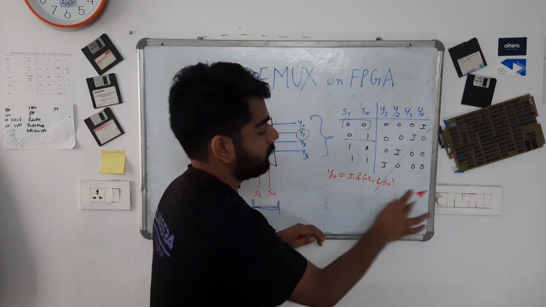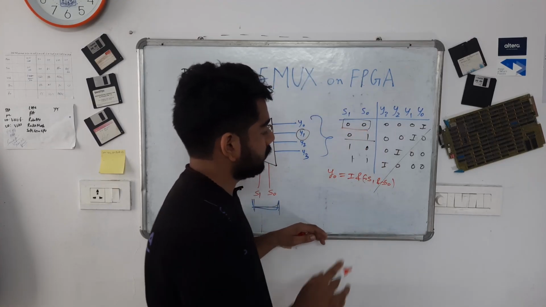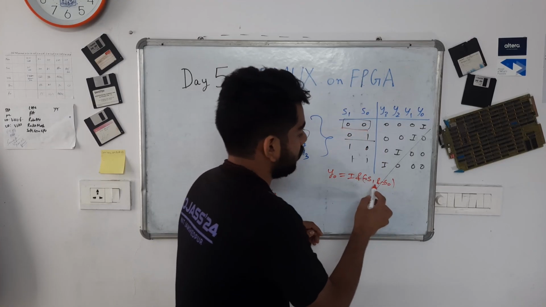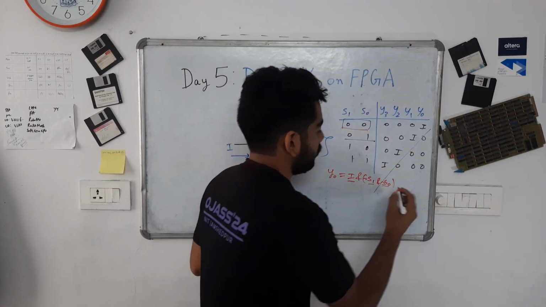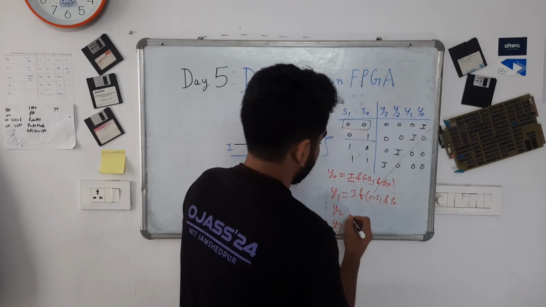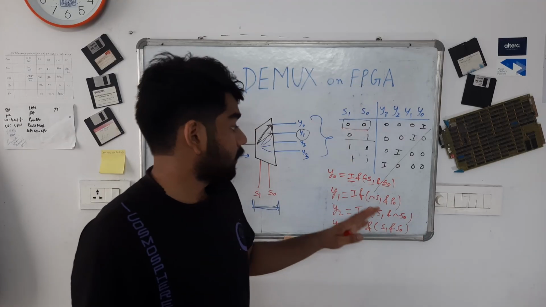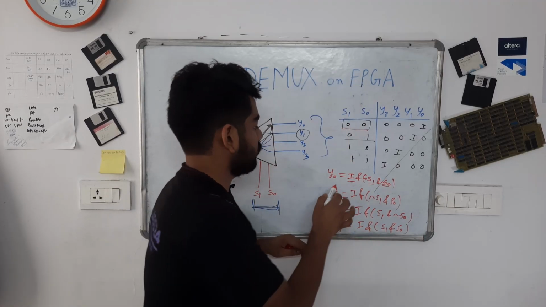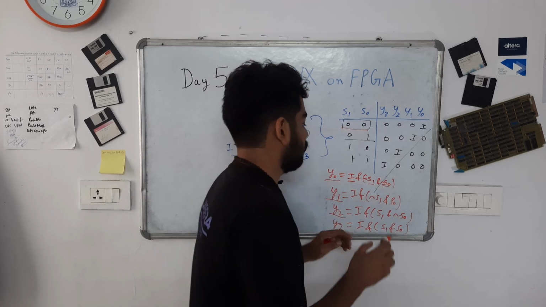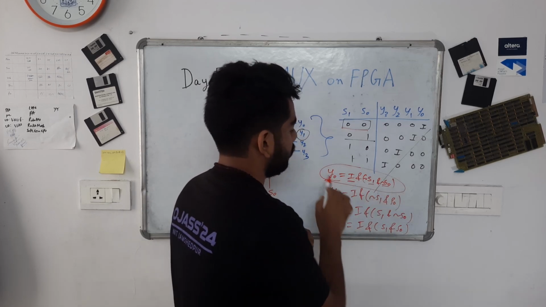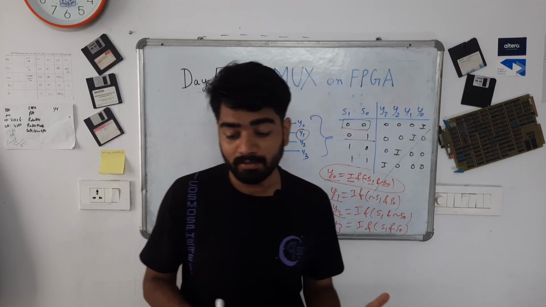We need both these conditions to be true, and the input will just follow. Now I have written all 4 output expressions. In Verilog, we will write all these 4 expressions and see what kind of circuit we generate here.